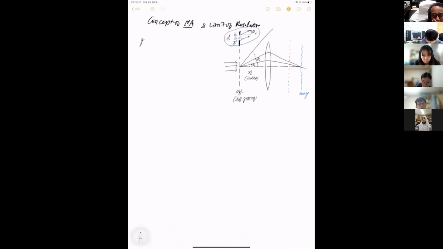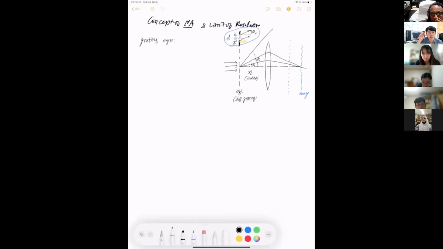Okay, so let's go back to the grating equation. You remember this tiny triangle, and that's the optical path difference.